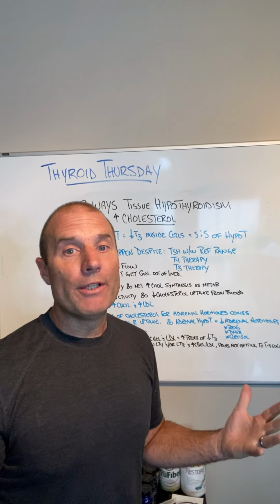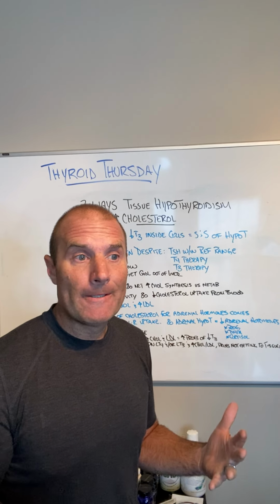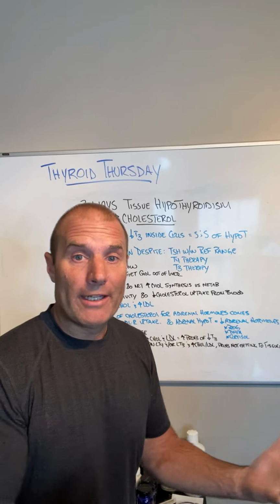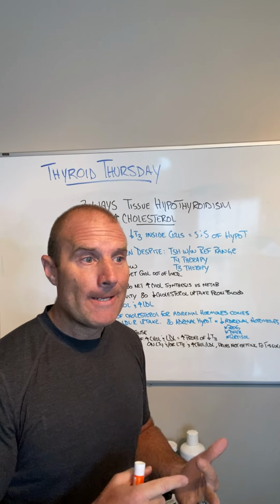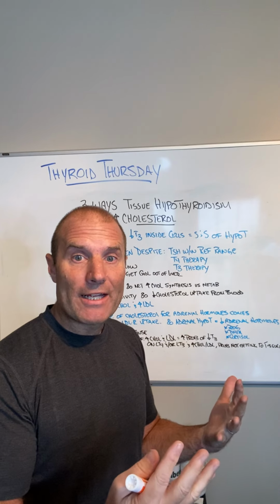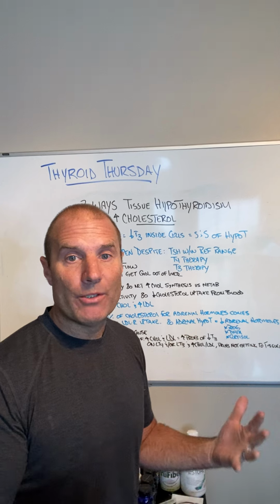And so it could go to other tissues, but let's take into consideration your adrenal gland. Your adrenal gland could use that cholesterol to make cortisol. Your adrenal gland could use that to make your sex hormones. And so how does the cholesterol get out of the bloodstream and get into the adrenal gland to make adrenal hormones?